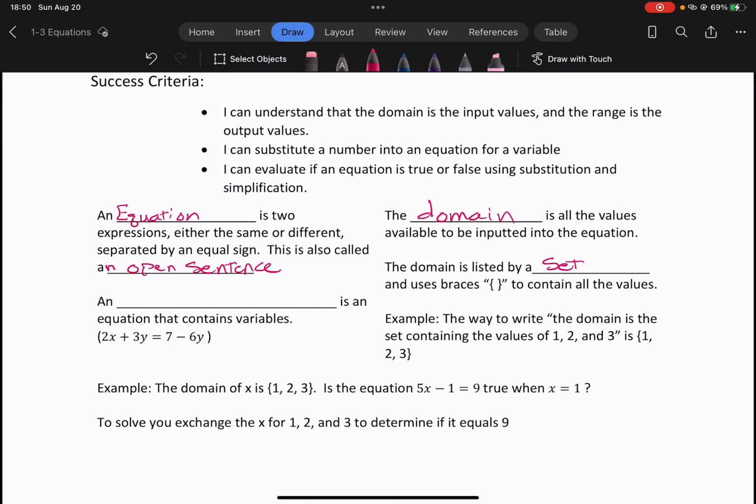An open sentence is an equation that contains variables. Look at this one, we've got 2x plus 3y equals 7 minus 6y.